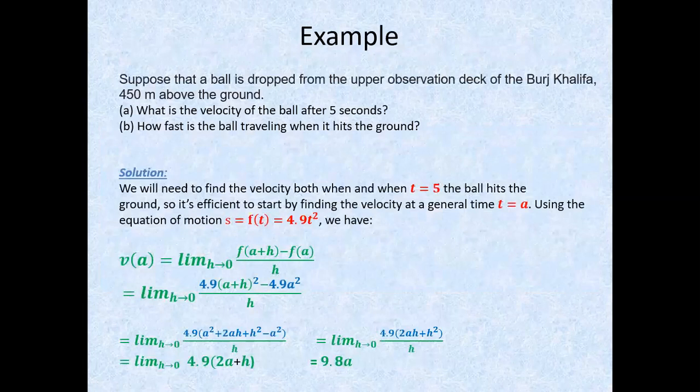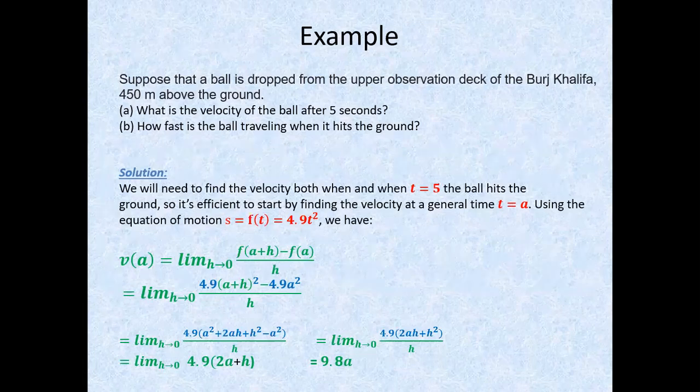For example, suppose that a ball is dropped from the upper observation deck of the Burj Khalifa, 450 meters above the ground. We are to calculate the velocity of the ball after 5 seconds and the speed of the ball. How fast is the ball traveling when it hits the ground?